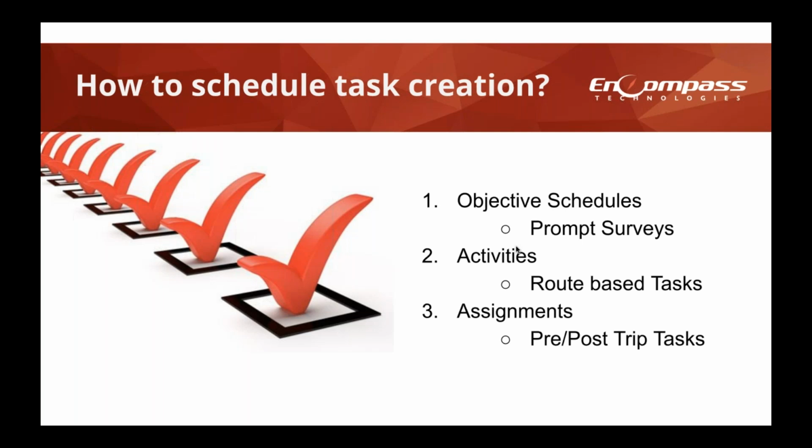So what you can do is, using the assignment structure, you can actually populate pre and post trip tasks directly in Encompass Mobile, so that as the user enters their day, they know not only do I have to go out there and hit the road and deliver this product, but they also know that, hey, before I do hit the road or when I come back, here's the actions that I need to do.